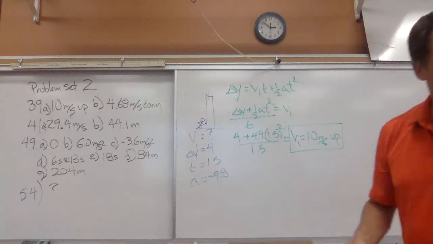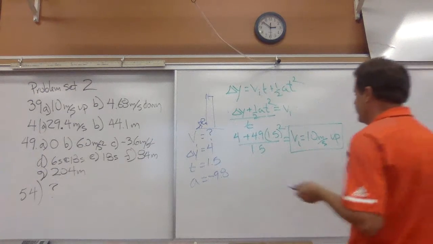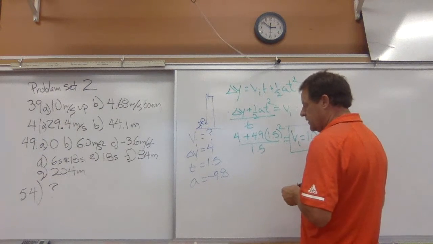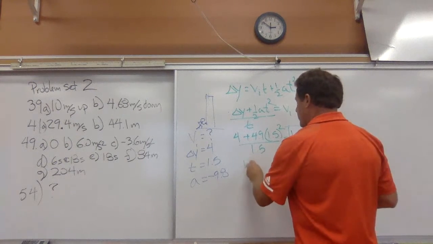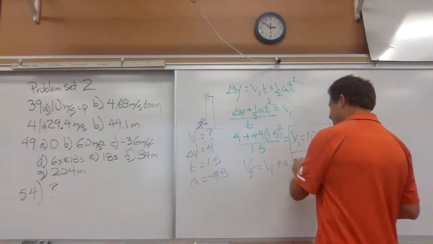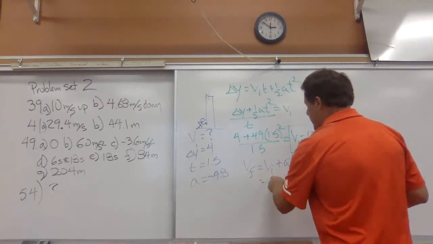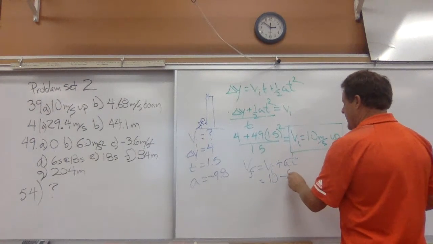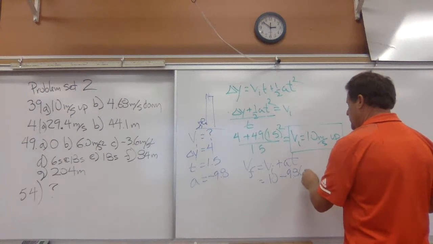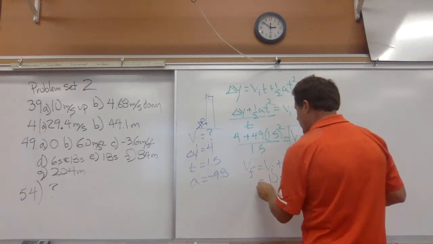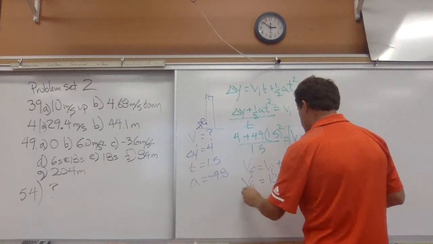And in our answer to part B, we are looking for the final velocity. And so we can say v final is equal to v initial plus a t. We now know our initial velocity is 10. We know we have 9.8 times 1.5, and that will give us v final.